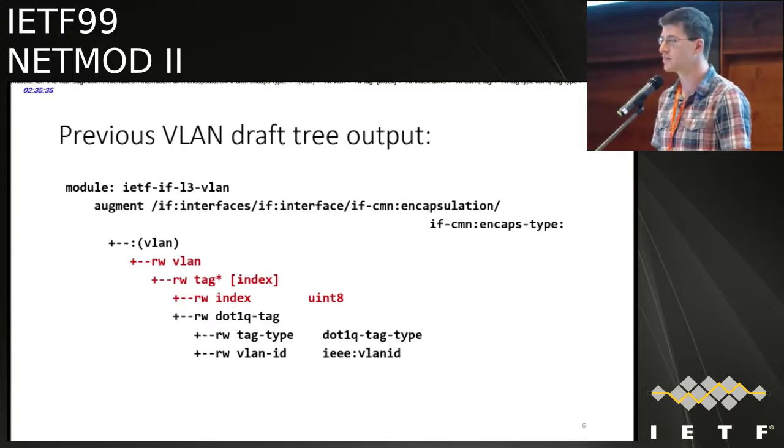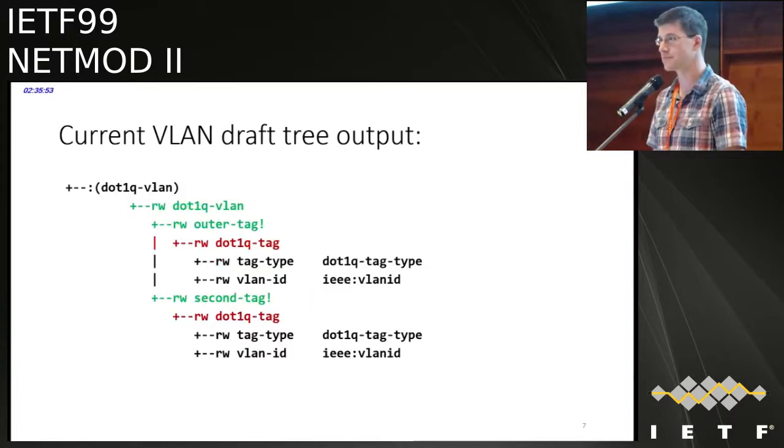So what have I changed and fixed? This is what it was in the old draft. You'll see this is the L3 case. The other one, the L2, is similar. There was a list of VLANs with an index into that list, which is what's required config-wise. That's a bit messy to actually have to handle. So instead, I've now got two explicit tags, outer tag and second tag.